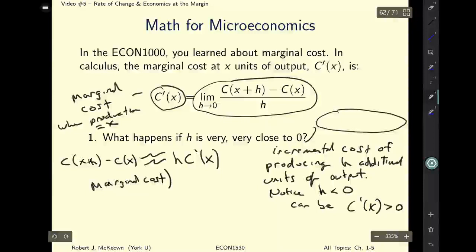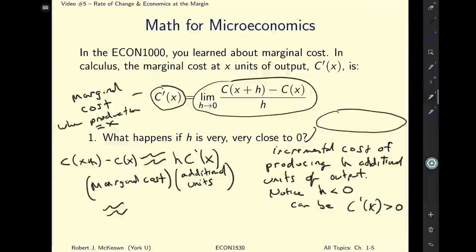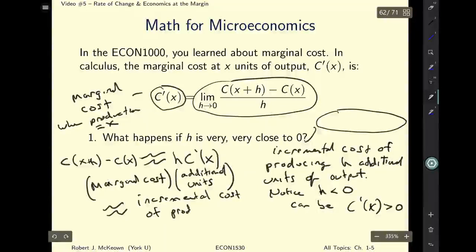and multiply it by the additional units, this is going to be equal to, or excuse me, approximately equal to the incremental cost of producing h additional units.